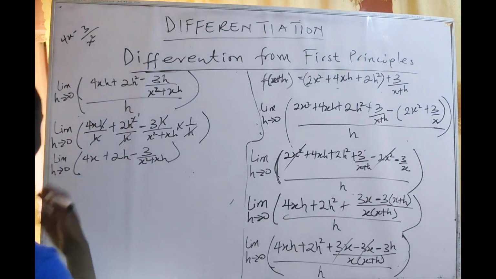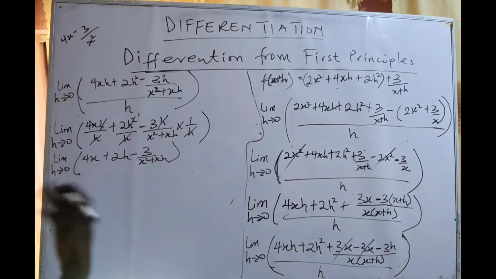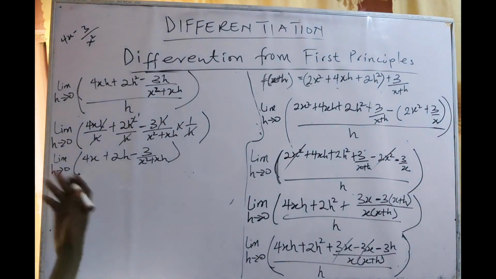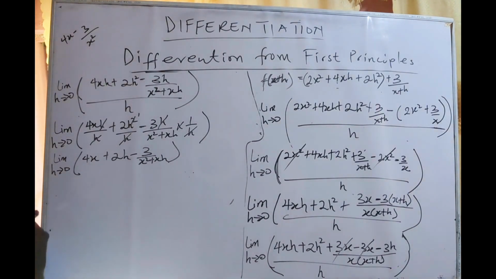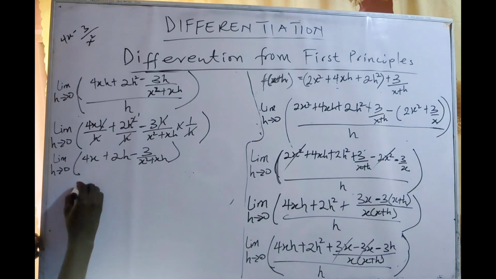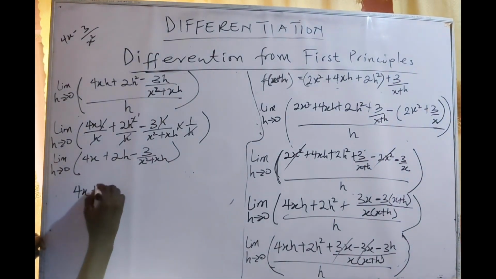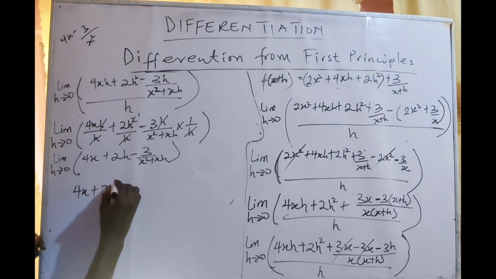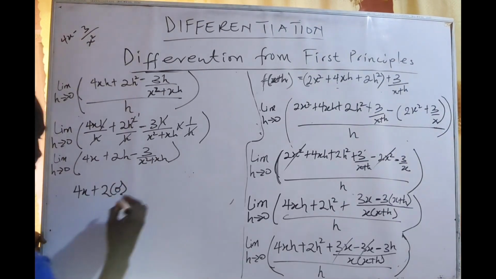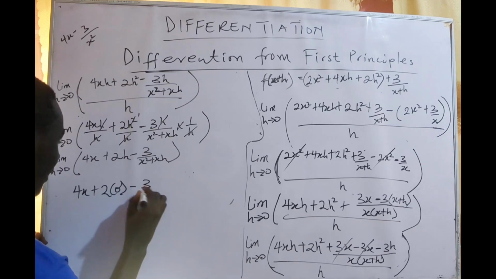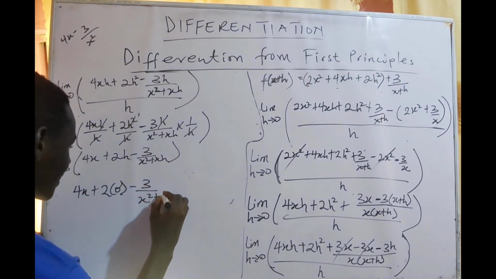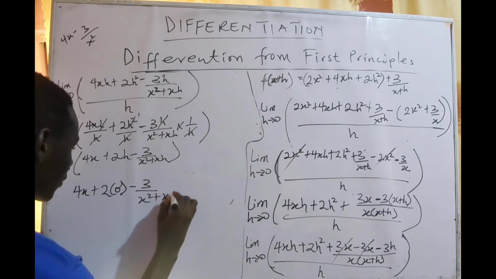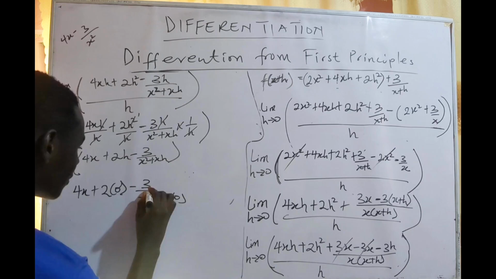Okay, so now as we can see, as h approaches 0, we substitute 0 wherever we see h. So now 4x plus 2 multiplied by 0 from substitution, minus 3 on x squared plus x multiplied by 0.